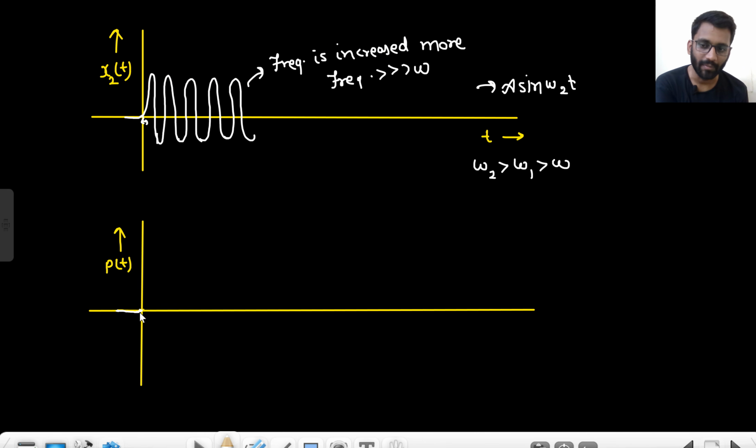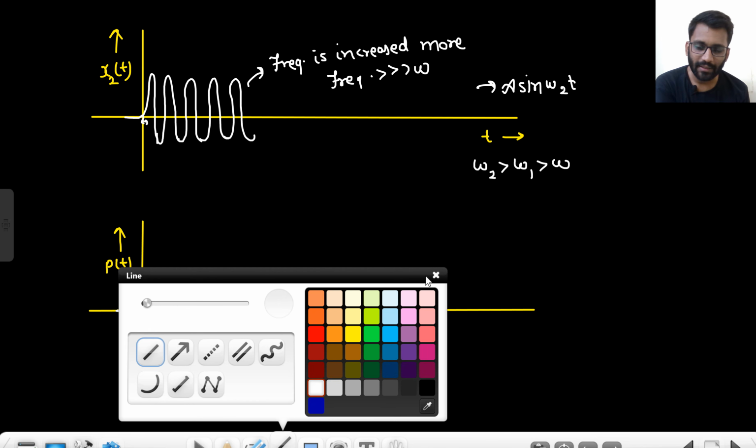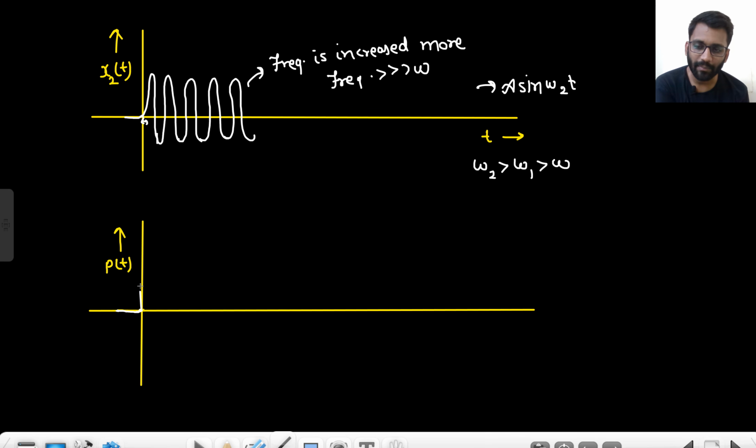It is taking some time. Now I make it reach the maximum value in no time. Previously it was 0, and then I suddenly go to its maximum value. So tell me, what will be the frequency content here? Infinity.